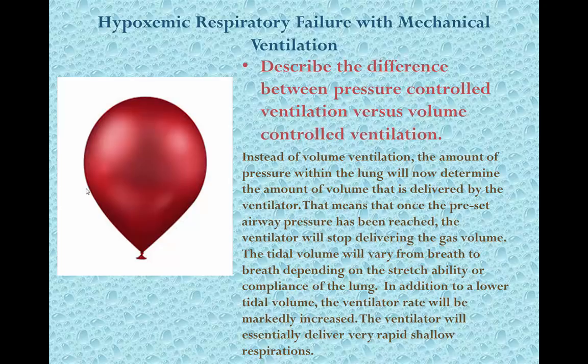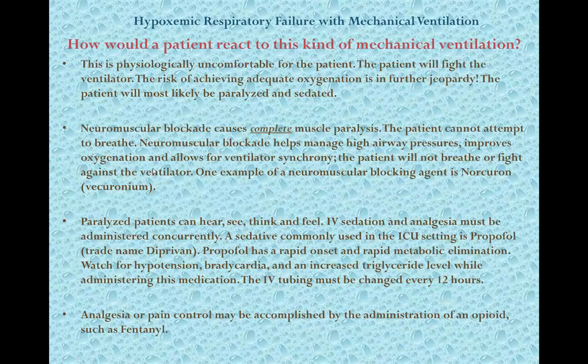So we want to still achieve that volume, but we can't do it with a breath that's that big. So we're going to have to decrease the volume and therefore increase the amount of breaths that we deliver per minute.